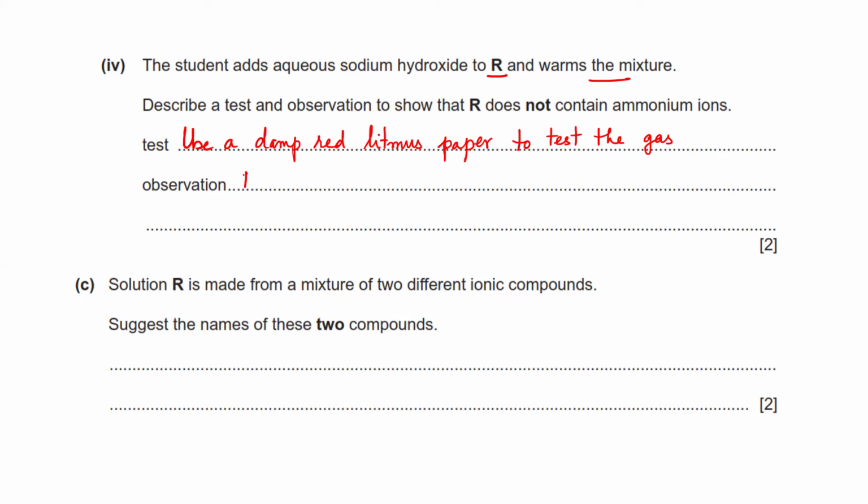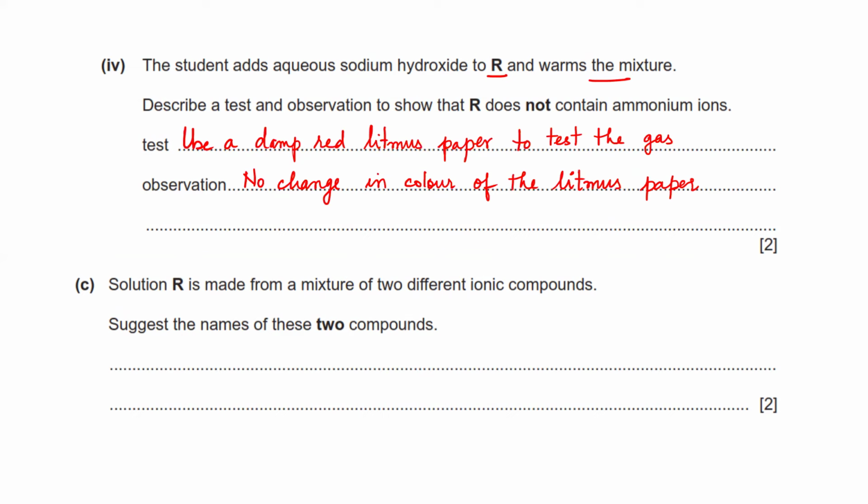Observation: no change in color of the litmus paper. Okay, so the ammonia gas would have turned damp red litmus paper blue.